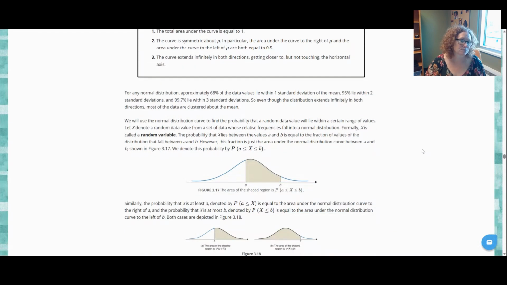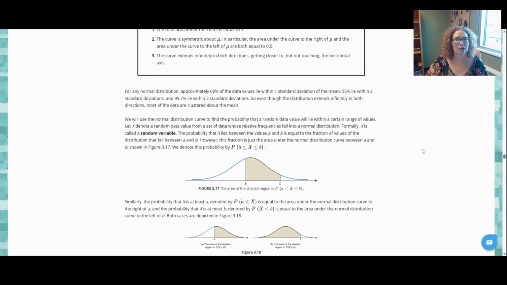That's a constant that we can work with. 2 standard deviations, 95%. So 95% of your data points are going to fall within 2 standard deviations of the mean. And 99.7% falls within 3 standard deviations.